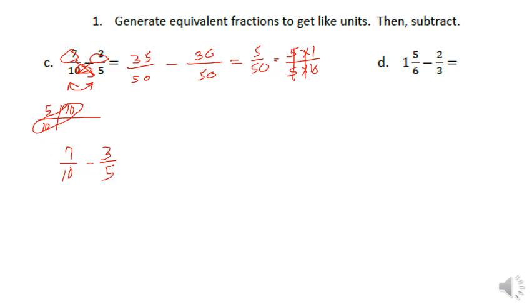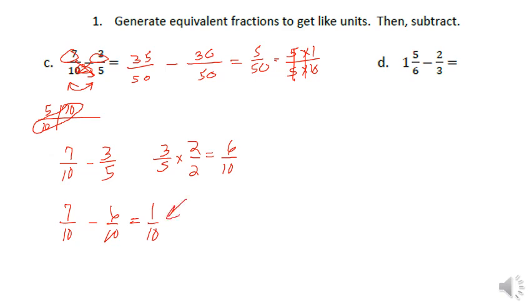So now I have 7/10 minus 3/5. And I want to turn this fifths to tenths. So if I take 3/5, I'm going to multiply that by a fraction in order to get something in tenths. I can see I need to multiply that by 2. And that's going to end up being 6/10. So now I have 7/10 minus 6/10, and that equals 1/10.